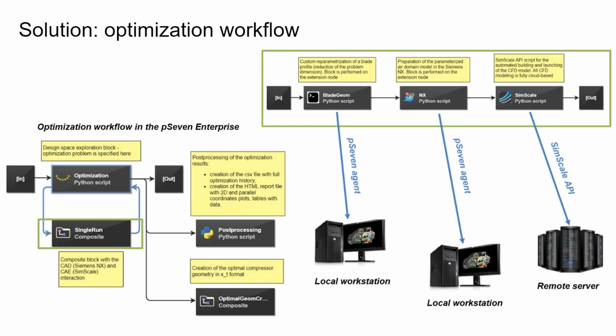So different blocks, and all these blocks are connected with each other by links, which represent the logic, the sequence of the workflow execution, and also they show how the data is transferred between the blocks. Some of the blocks are executed in the cloud, like SimScale or our optimizer, and other blocks are executed locally, like Siemens NX.